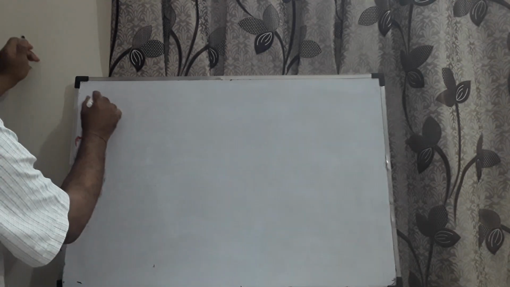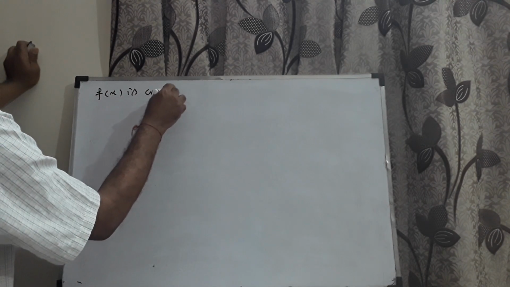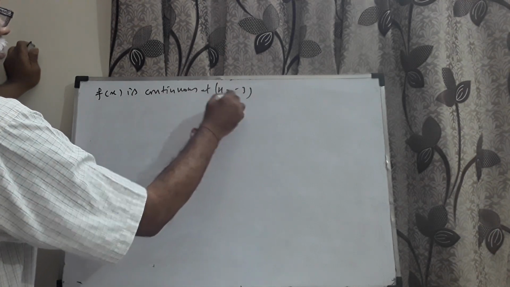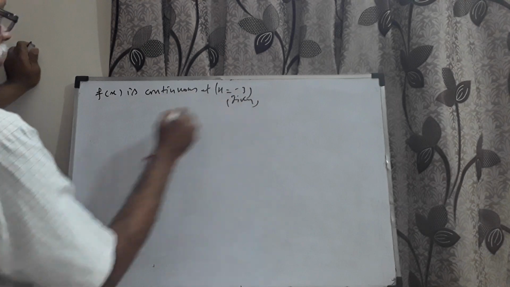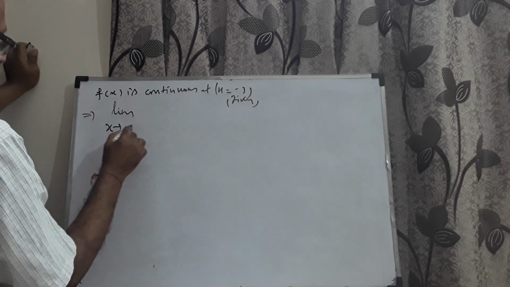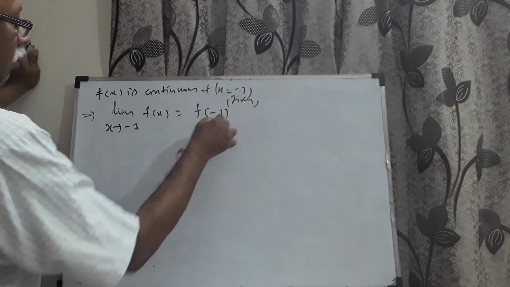Now let me apply the condition. f of x is continuous at x equal to minus 3. This is given, which implies the limiting value is equal to the functional value.